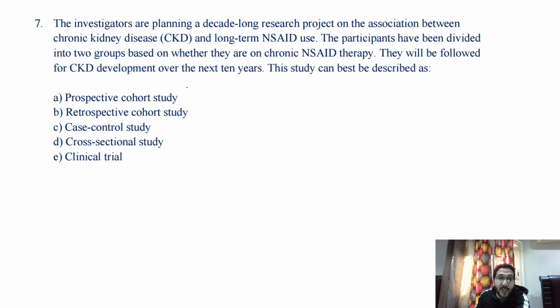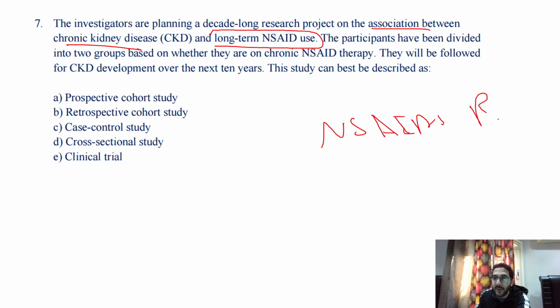So this question here: the investigators are planning a decade-long research project on the association between CKD and long-term NSAID use. So you're trying to see a relation or a risk factor. The risk factor is NSAIDs, and the disease is CKD.